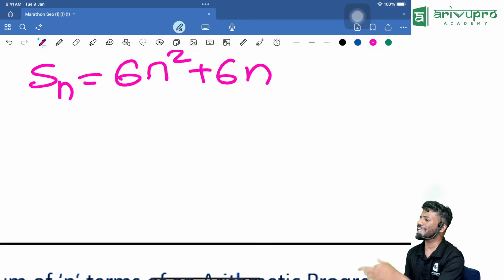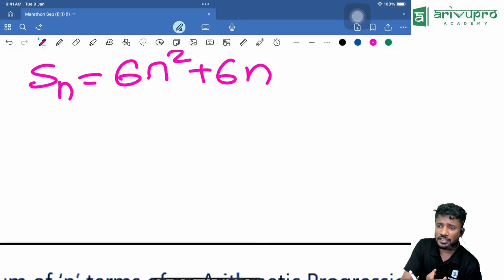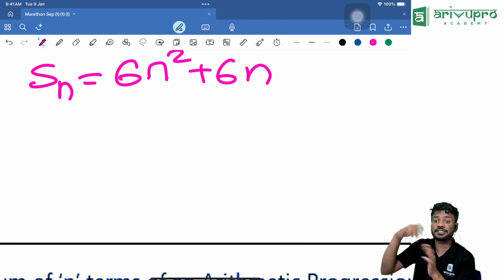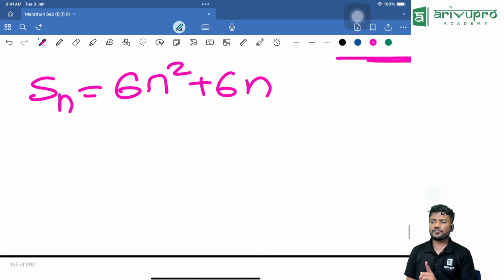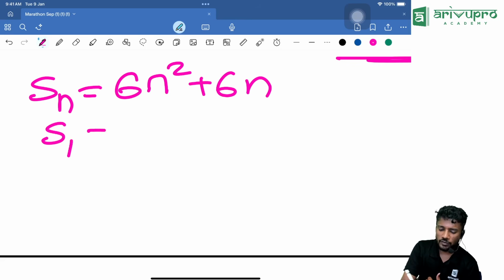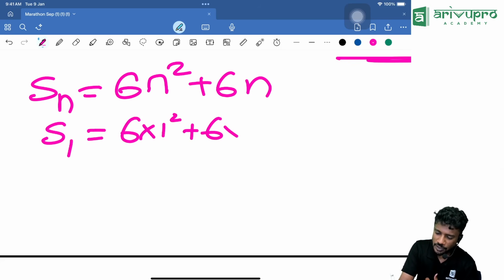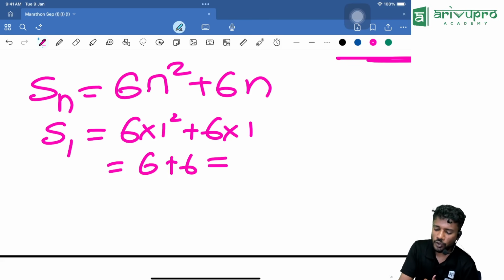Likewise, they will say. So, what is the sum of the first term? Instead of n, you will put 1, which is equal to 6 into 1 square plus 6 into 1. That is how much? 6 plus 6, which is equal to 12.